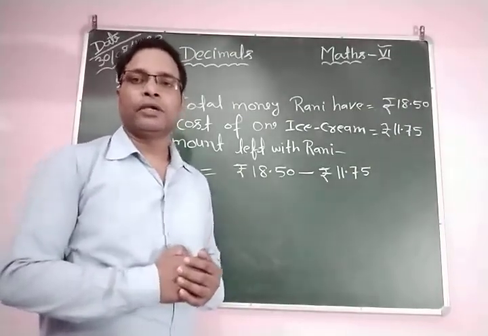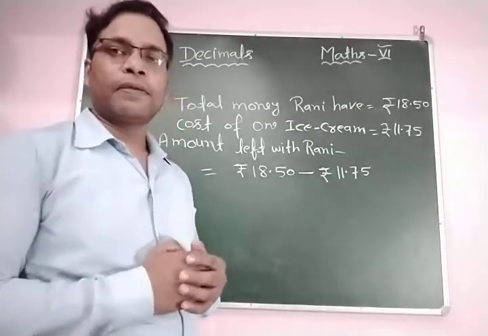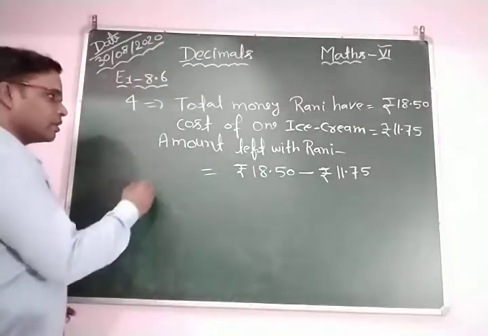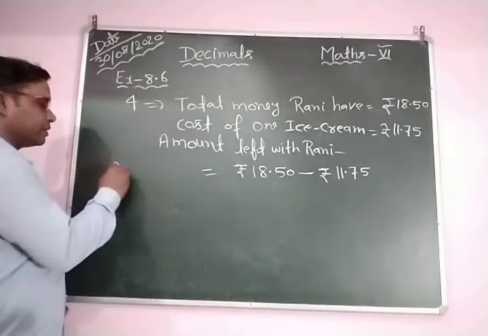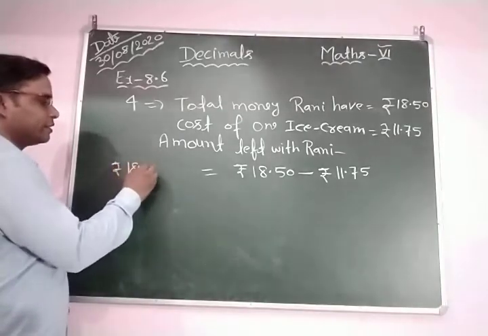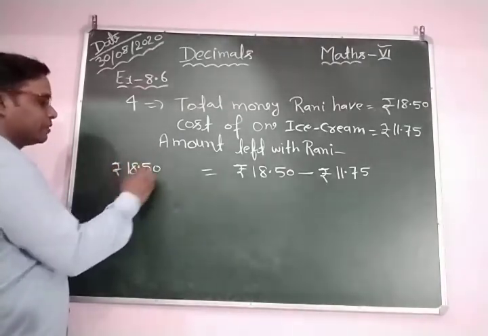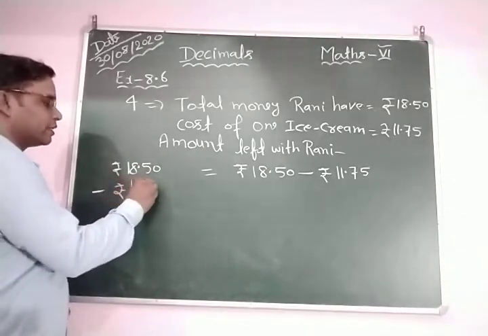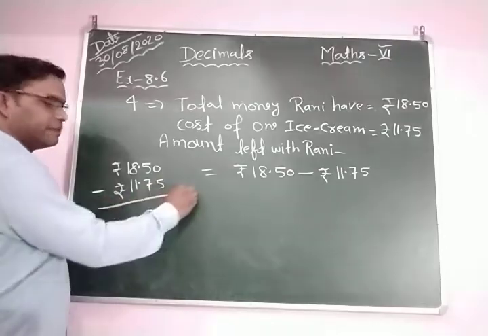We subtract these decimal numbers using the column method. So you can write here rupees 18.50 minus rupees 11.75.